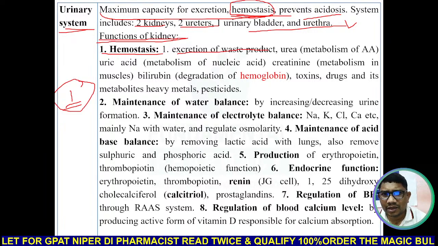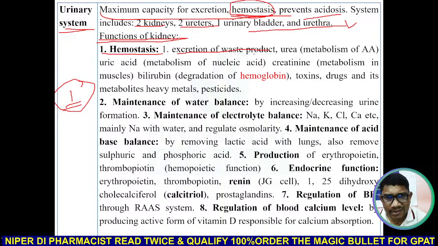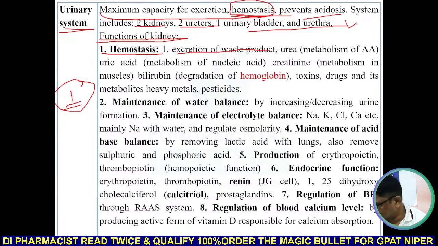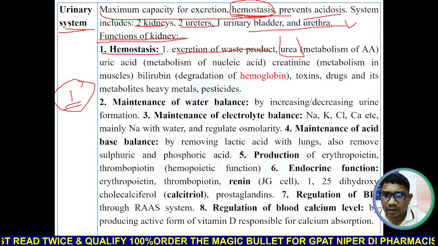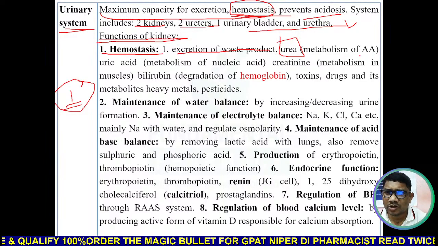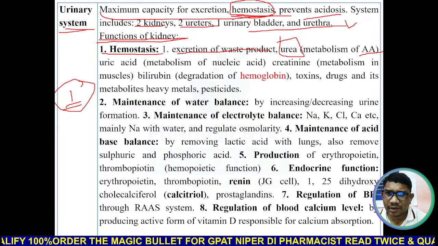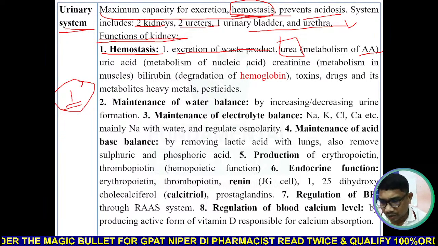Another function of kidney. Kidney will maintain homeostasis by excretion of waste product, like for example urea, which is the metabolic product of your amino acid and protein. Depending on that, animals are classified into ureotelic, uricotelic.